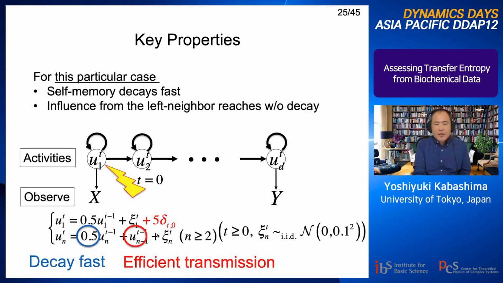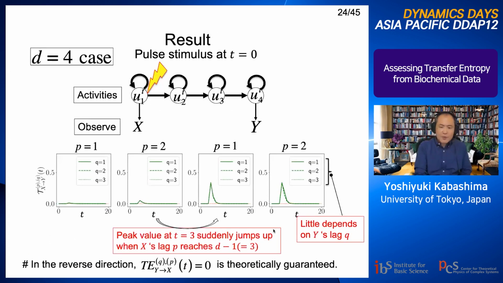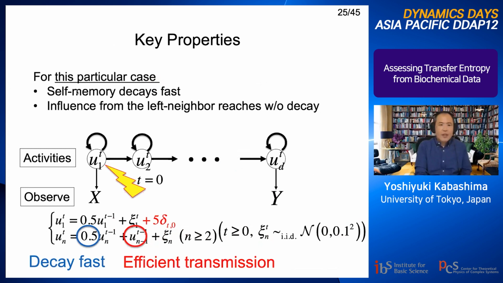Okay, so to understand these two features, we take into account the two key properties. Actually, for this particular case, there are two key properties. First is that self-memory decays very fast because the damping factor is 0.5. So by one time step, the value of each component becomes half.